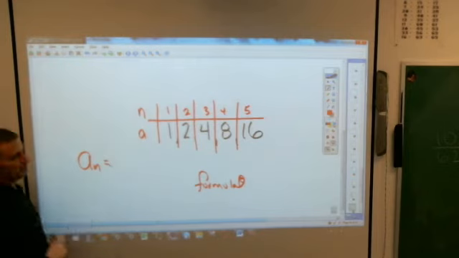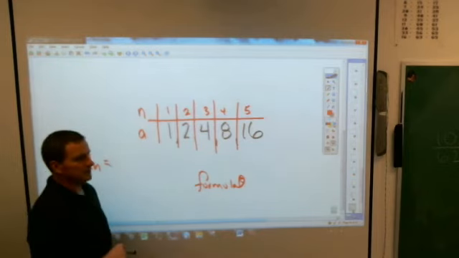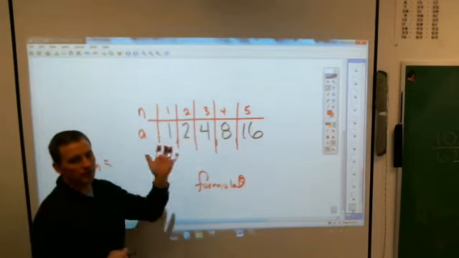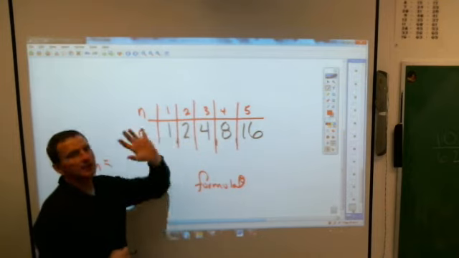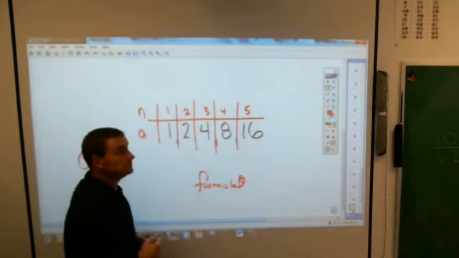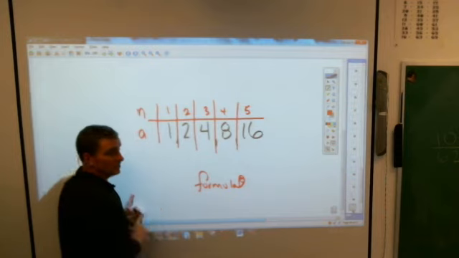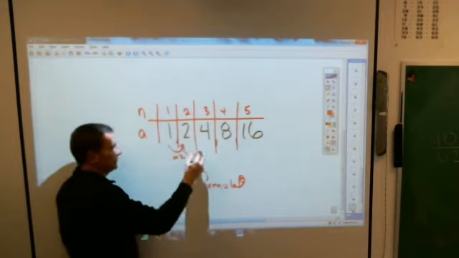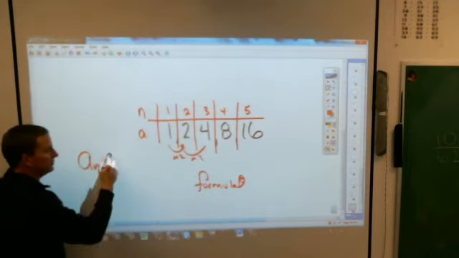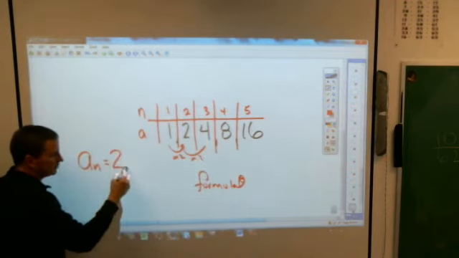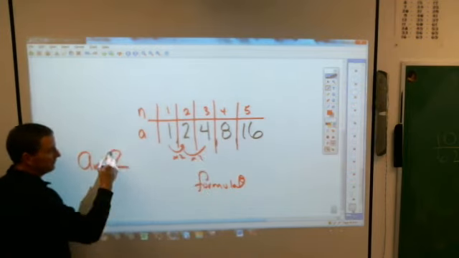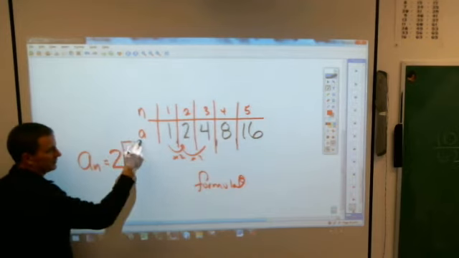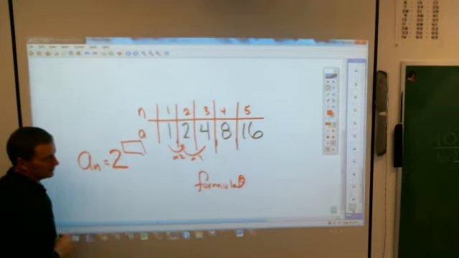Then I think about what type of sequence it is. Am I adding to go from one term to the other, or multiplying? If it's multiplying, it's going to be an exponent equation. And what am I multiplying by? Whatever you're multiplying by is going to be the base. You just need to figure out how to get your exponent to match up with what that is.